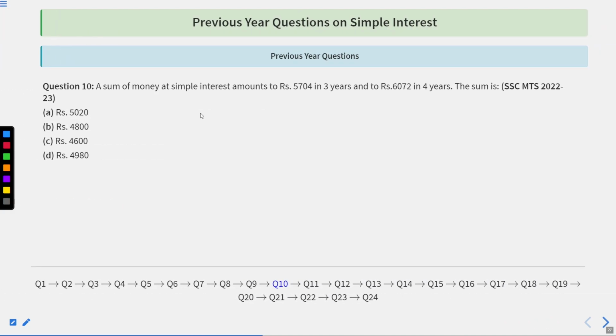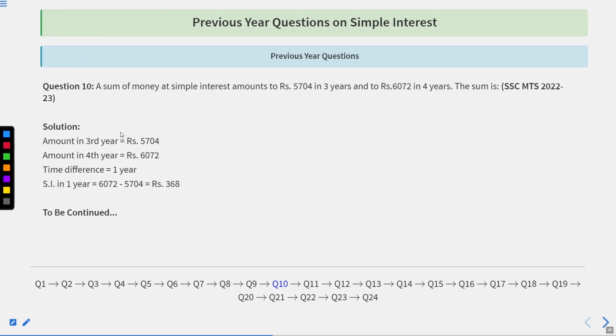Question number 10. A sum of money at simple interest amounts to rupees 5,704 in 3 years and to rupees 6,072 in 4 years. The sum is. So the amount in the third year is given to be 5,704 rupees and the amount in the fourth year is given to be 6,072 rupees.